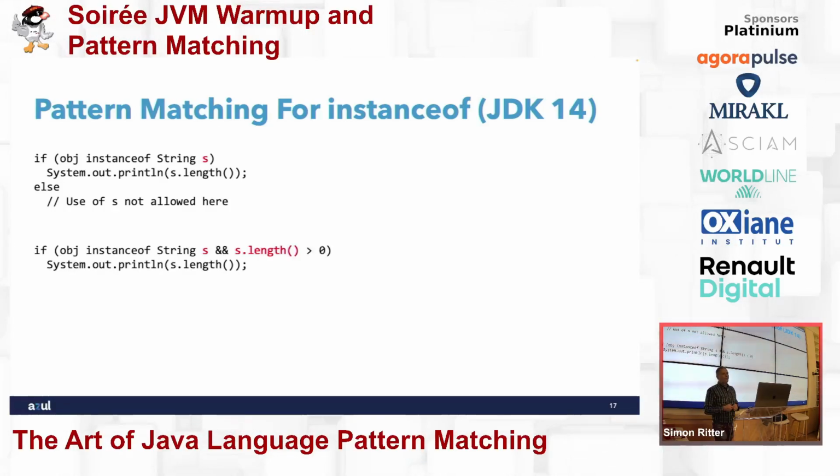Now we can be a little bit more clever than that, and we can add another test. We could say if obj instanceof String s and s.length is greater than 0. This will work because we know that with the AND operator in Java, we always evaluate the left-hand side, and only if it evaluates to true do we evaluate the right-hand side.